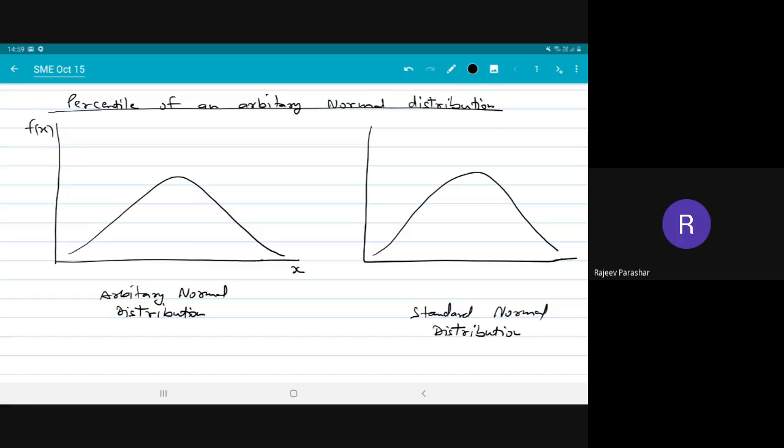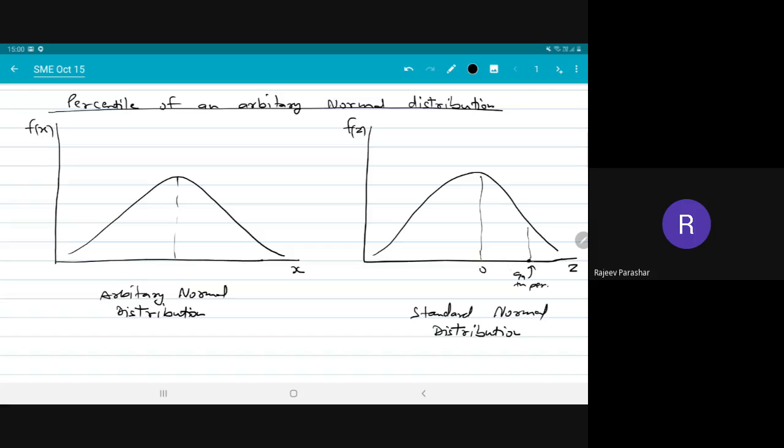All right. Now, if we want to find the percentile of an arbitrary normal distribution, then, like I've already said, there is a correspondence between points on the horizontal axis of any arbitrary normal distribution and the standard normal. All we have to do is find the percentile here. Let's say this is the 99th percentile.